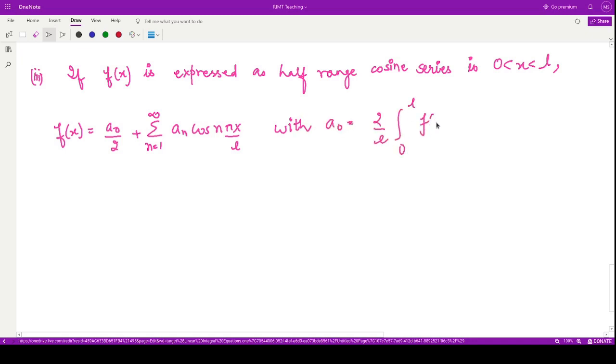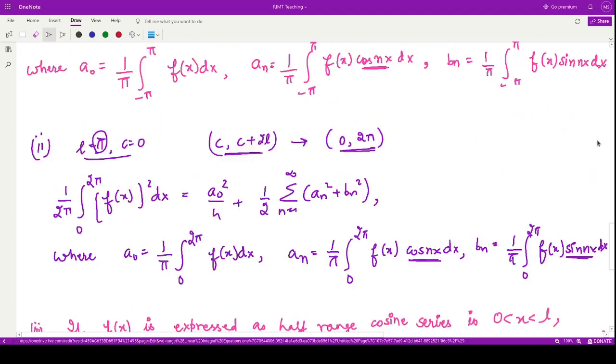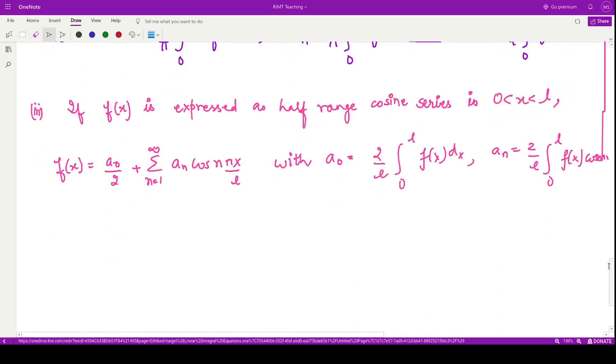with the coefficients given as a naught equal to 2 upon L integration from 0 to L f of x dx, and an equal to 2 upon L integration 0 to L f of x cos n pi x upon L dx, right?